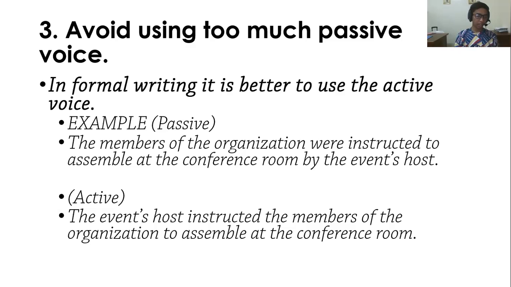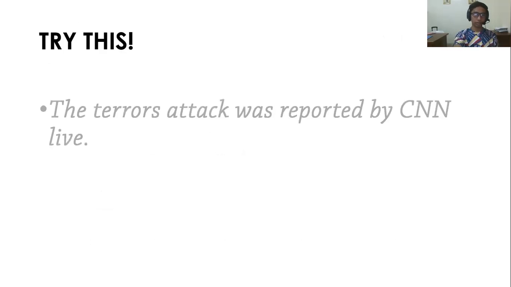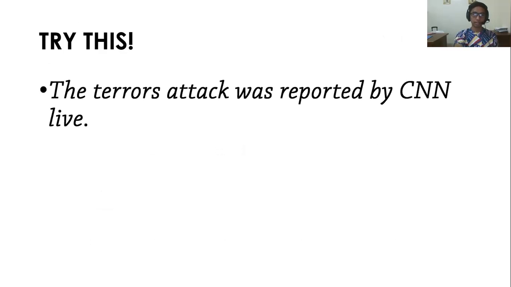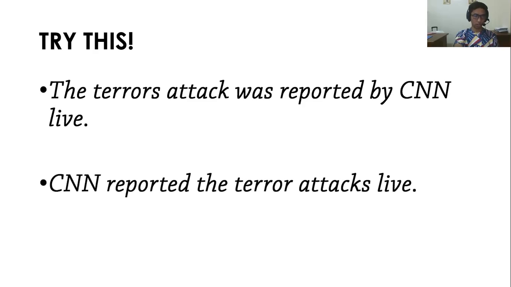Okay. Another example. So let's try this. The terrorist attacks, I'm so sorry, it should be with S. The terrorist attacks were reported. Okay, the terrorist attacks were reported by CNN Live. So for the active voice, CNN reported the terror attacks live.